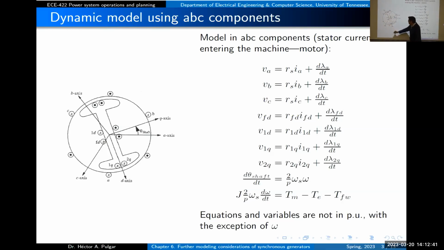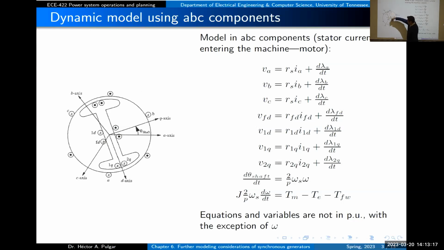So the other description that we have here is because the windings in the stator are stationary, they don't move, but the rotor moves, then we need to describe mathematically the angle that we have here. For reference, and we will use this later, we prefer to describe the machine not with this ABC reference frame that we are used to for 3-phase circuits, but we would like to express the model using D and Q axes.